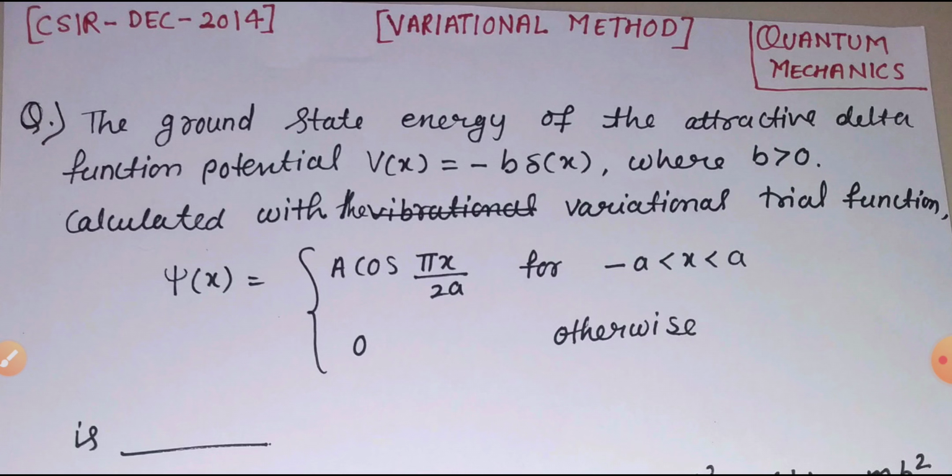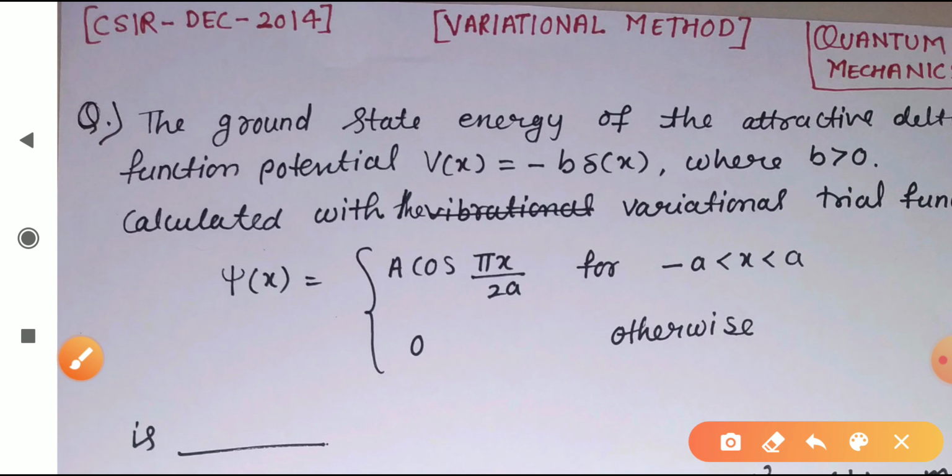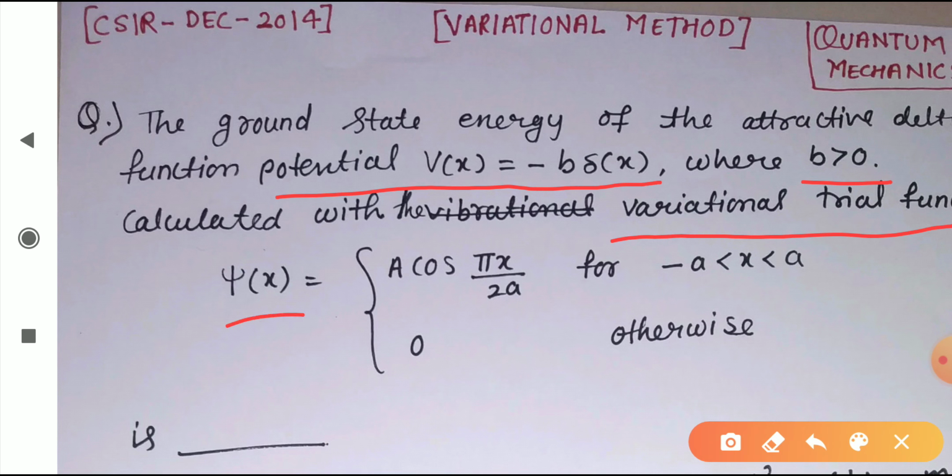Here the question is: ground state energy of the attractive delta function potential, that is V of x is minus B delta of x, where B is greater than 0. Calculate with the variational trial function which is given to us, that is psi of x, which takes these two values under certain conditions. Basically, we have to calculate the ground state energy.